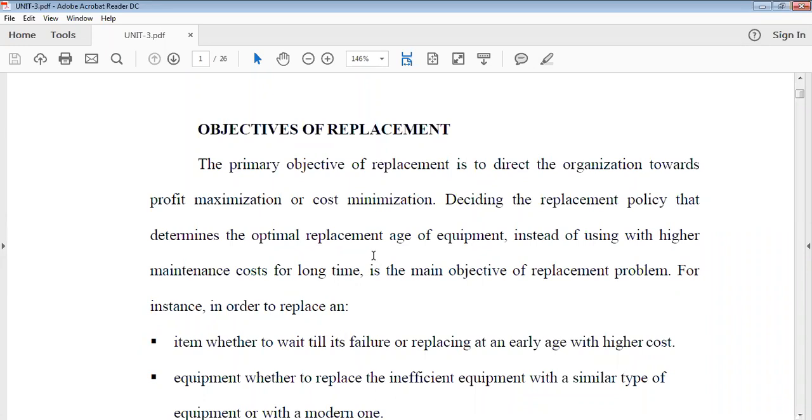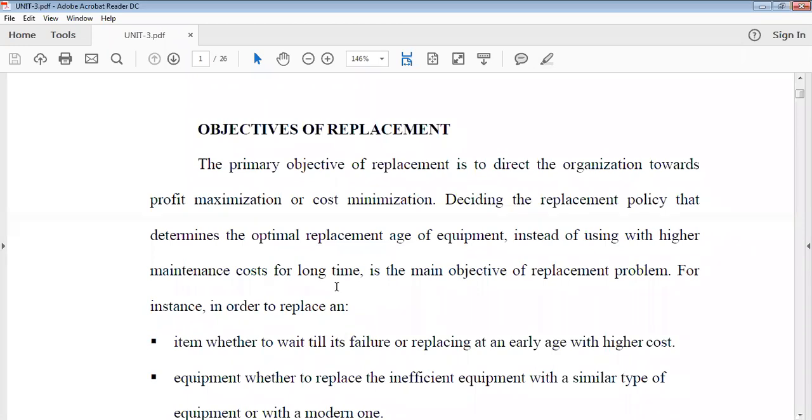Like that, different costs keep occurring on the particular machine. Therefore, the maintenance costs become higher and it is not advisable in such a situation. Instead of going for higher maintenance cost, it is better to replace the machine. That is always advisable.